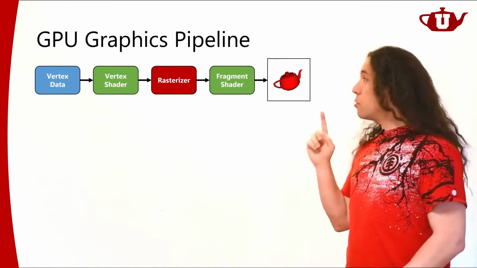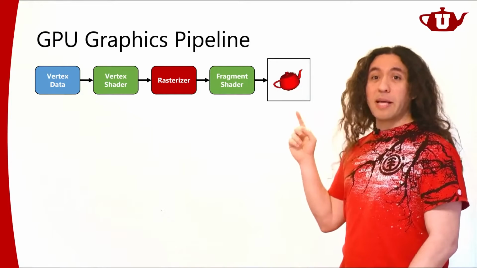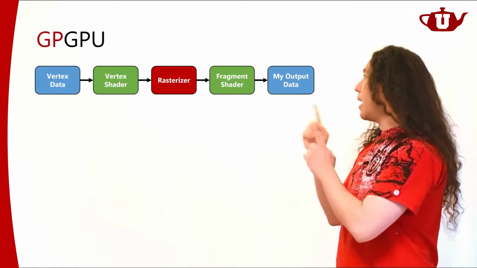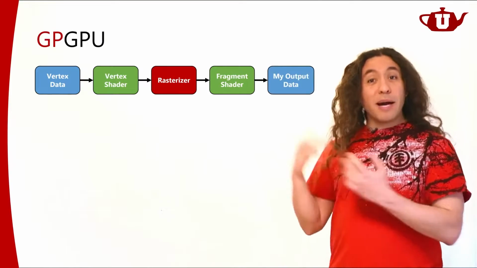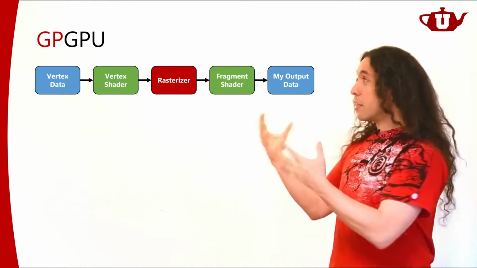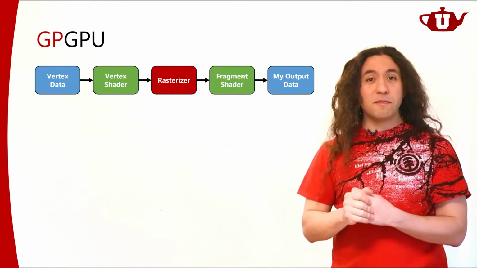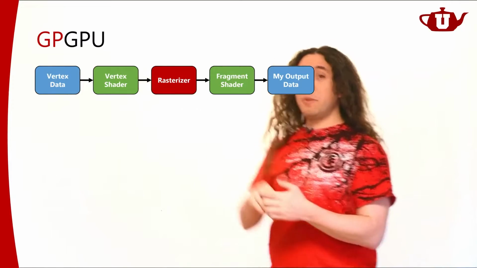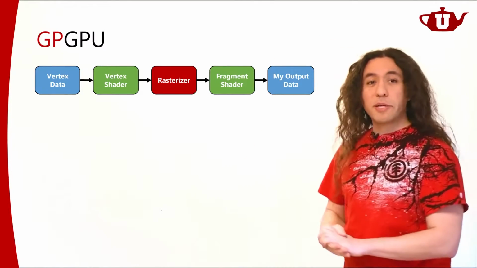And all I need to do is to interpret this data differently. So instead, yes, the output is going to be an image, but I'm going to interpret it as some kind of my data, whatever that is. And by doing this simple thing, I retargeted my GPU rendering pipeline for general purpose computation. So that brings out GPGPU, the general purpose computation on the GPU.